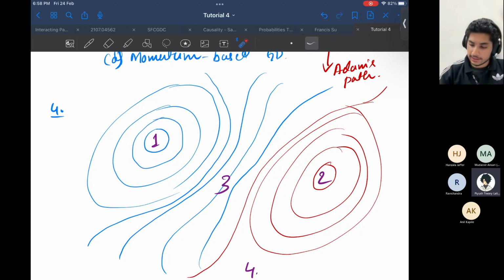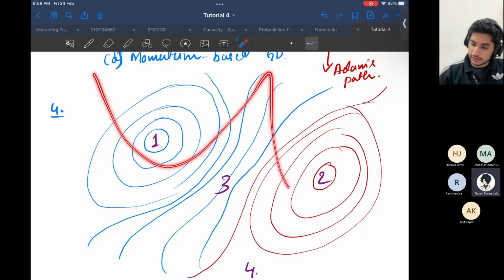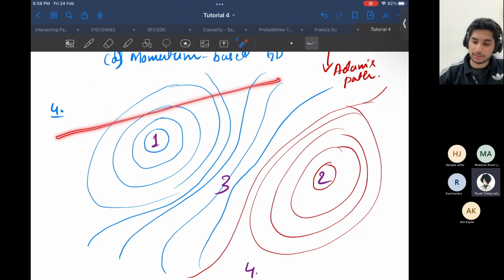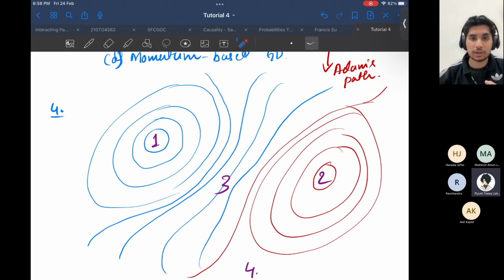Let's say some value like 1.5. If I cut the bowl at 1.5, I will get this circle as a path. This is what a contour plot means. Imagine the 3D curve. I cannot actually draw it, but I hope the idea is clear.